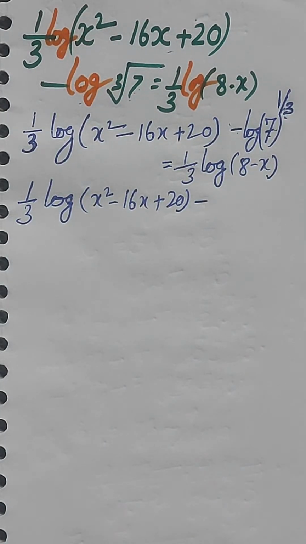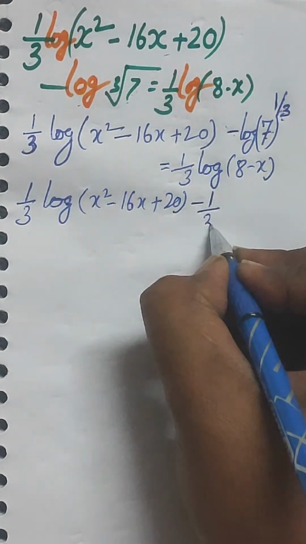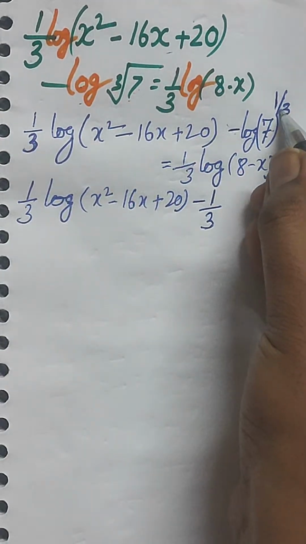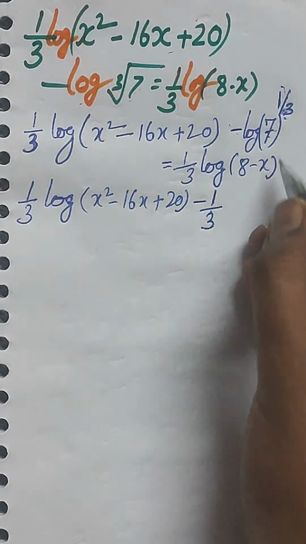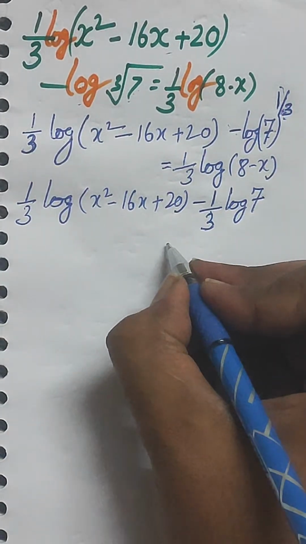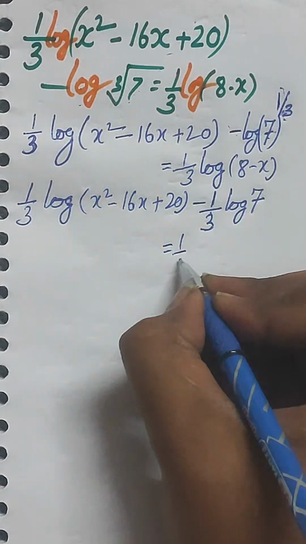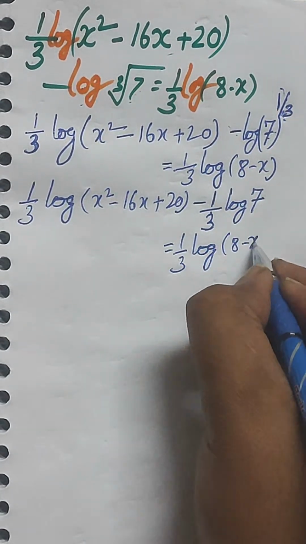Yes. So using that property of logarithm, we can bring this 1 by 3 into the prefix of log 7, like this. And on the RHS we have 1 by 3 log of 8 minus x.